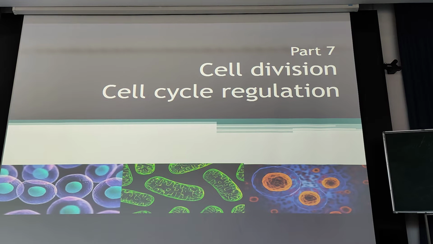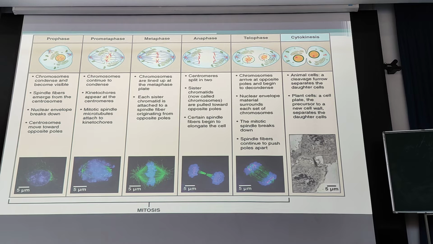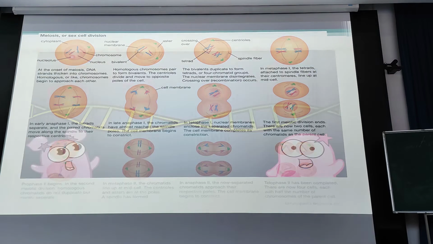Our second lesson is also division and cell cycle regulation. The first part is about the cell divisions. We have mitosis and also meiosis. That is your job. We studied this very well in high school.